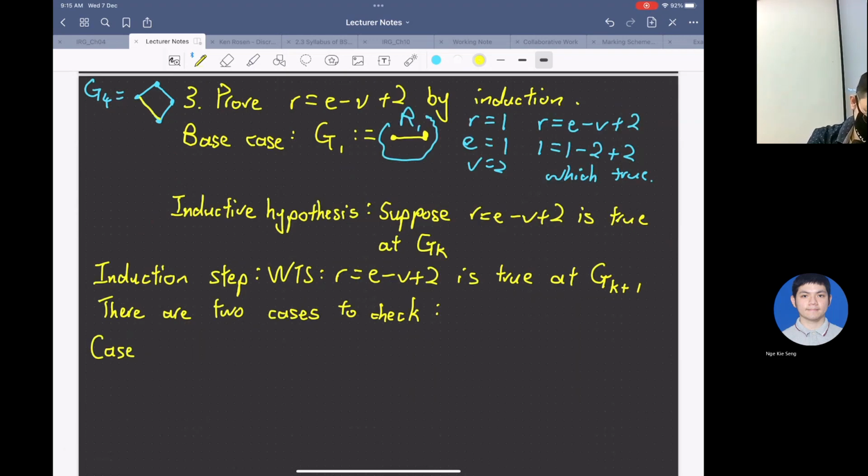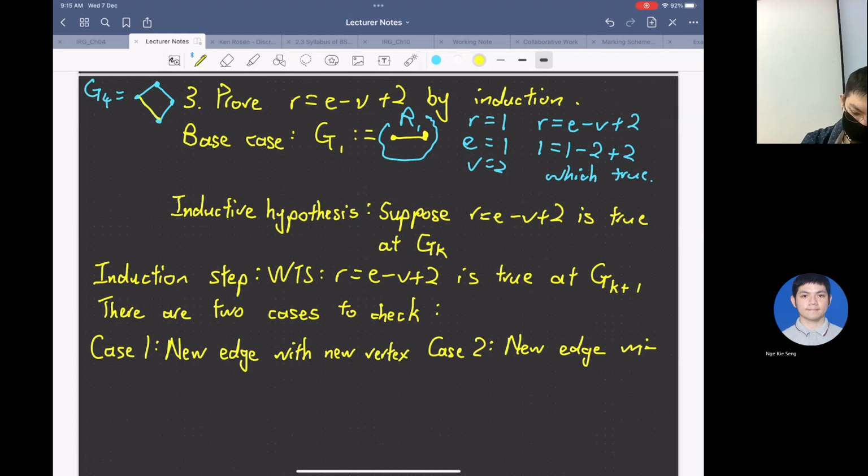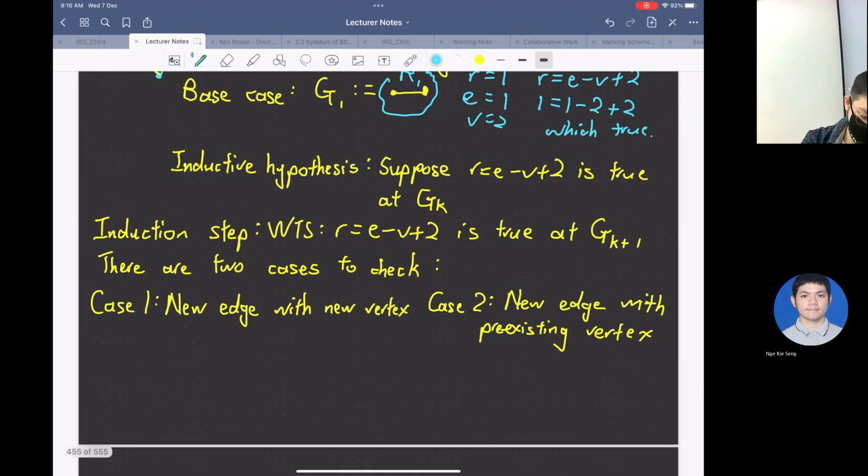Case one, new edge with new vertex. Case two, new edge with pre-existing vertices. So the general case is you've got your GK.